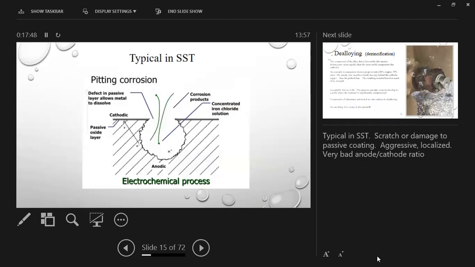Remember, stainless steel is stainless because of this passivated coating on it. Aluminum doesn't rust because of the coating oxide, aluminum oxide on the surface. Well, if you break that passivated stainless steel surface or break that aluminum oxide surface, those materials will oxidize. And typical pitting corrosion would be typical of that.